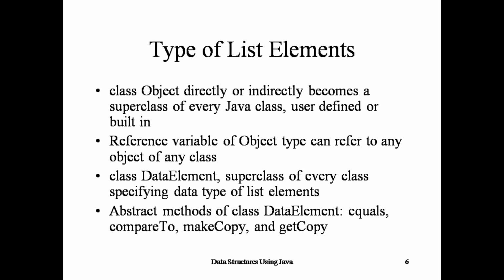Similarly, it can be seen that for the most part, the algorithms to implement operations in a list of names or a list of sales data or a list of student data are the same. We do not wish to spend time and effort to develop separate code for each type of list we encounter. Instead, we want to develop a generic code that can be used to implement any type of list in a program.